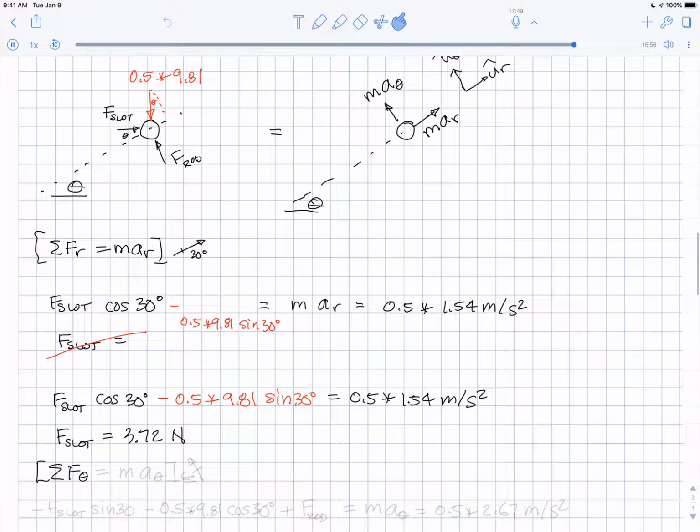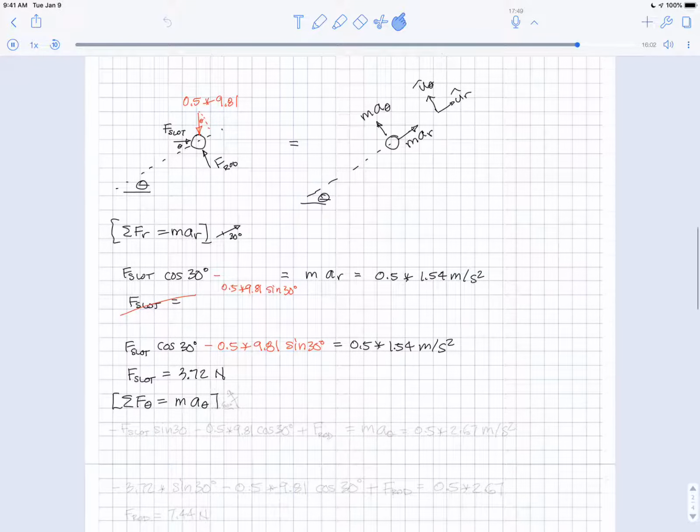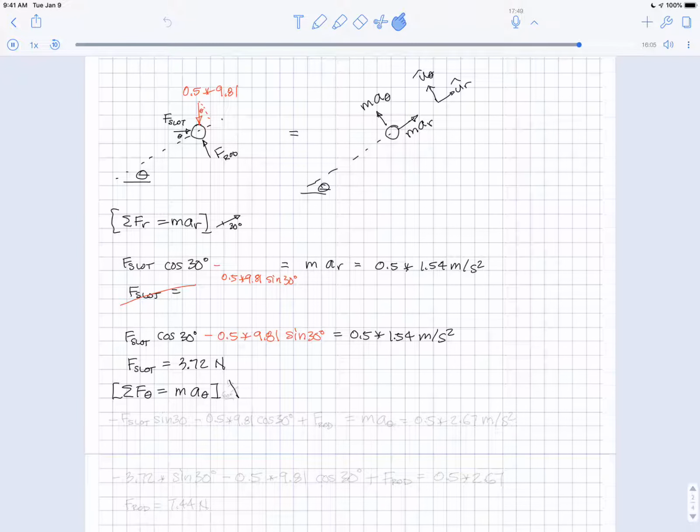Sum of F theta is m a_theta, and positive is always counterclockwise, which happens to be that way at 60 degrees. So we get F slot sine 30 degrees. That's going clockwise, so negative. Minus 0.5 times 9.81 cos 30 degrees.